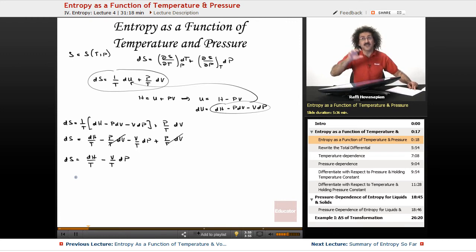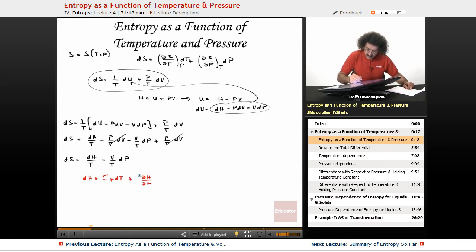Now, from our discussion of energy, we had the following, the constant pressure version. We had dH is equal to Cp dT plus (∂H/∂P) at constant T dP. Now, I have this dH, so I'm going to put this expression where I see dH in this expression, and we get the following.